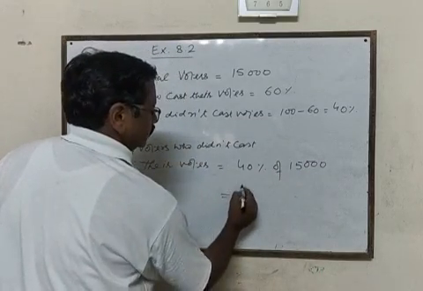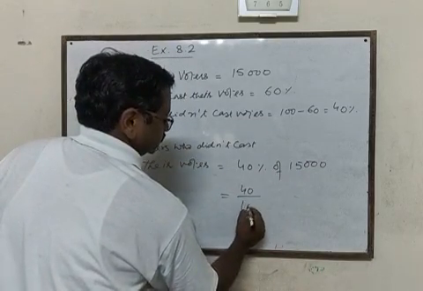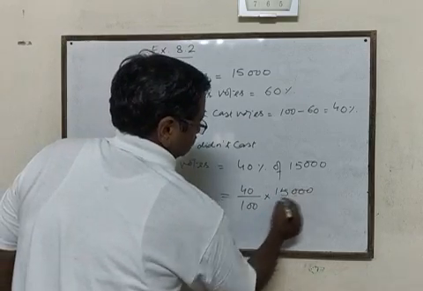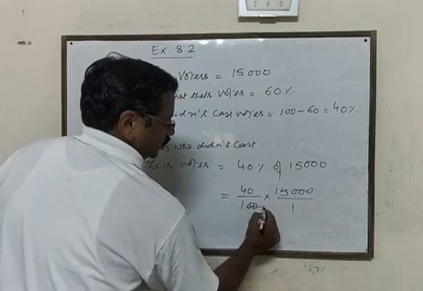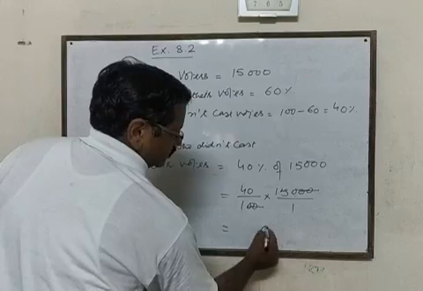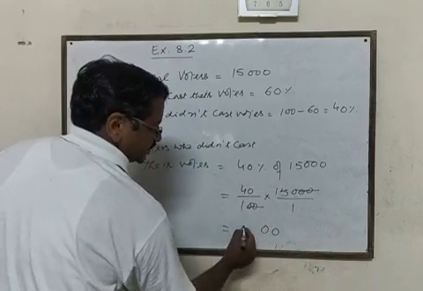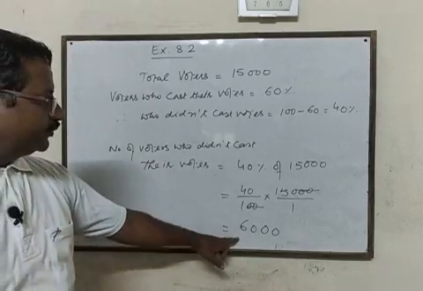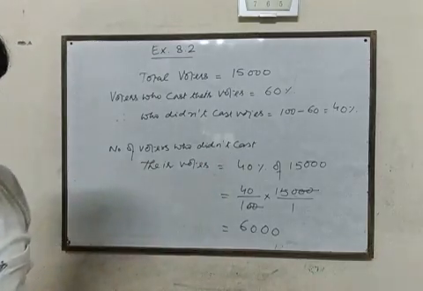Directly we will be able to find out those who didn't cast their votes. So 20 cancel by 20, 10 second 0, 15 4 just 60. So 6,000 voters are there who didn't cast their vote.